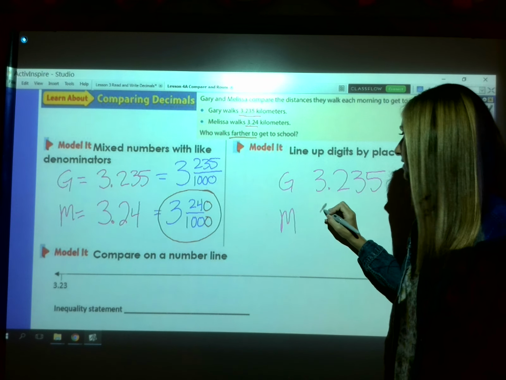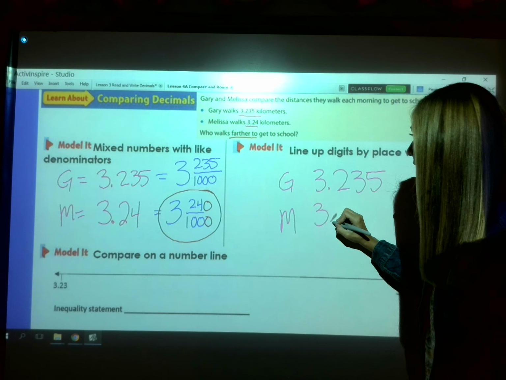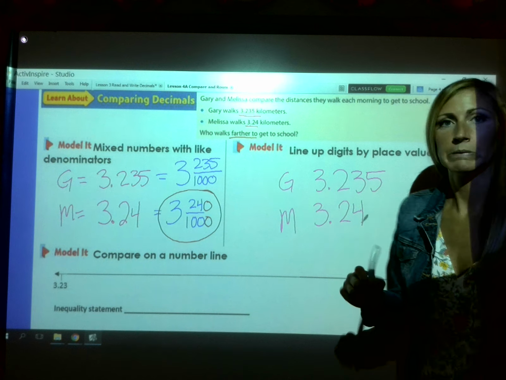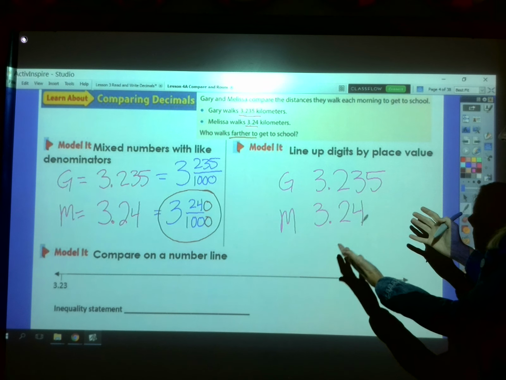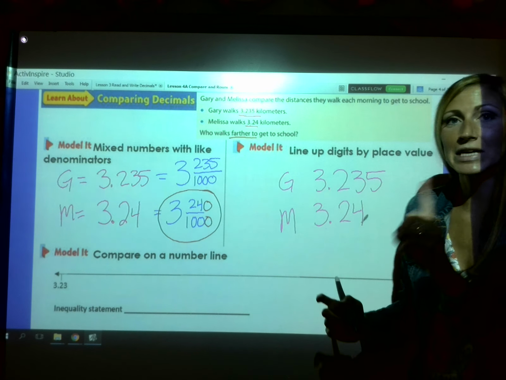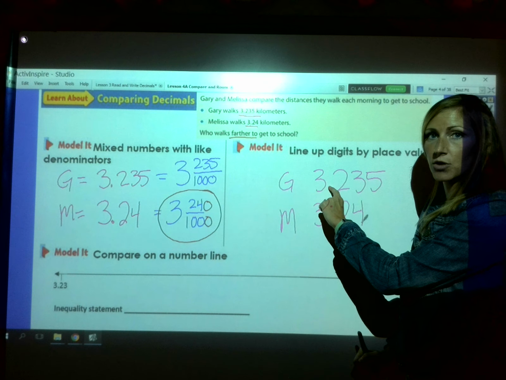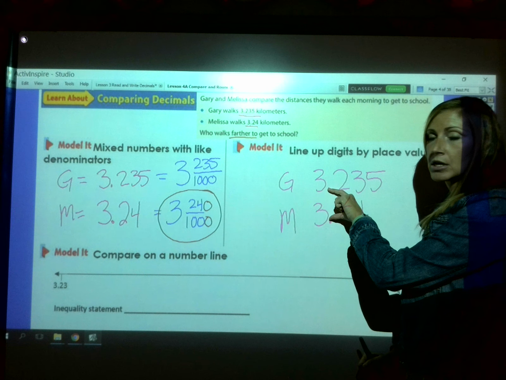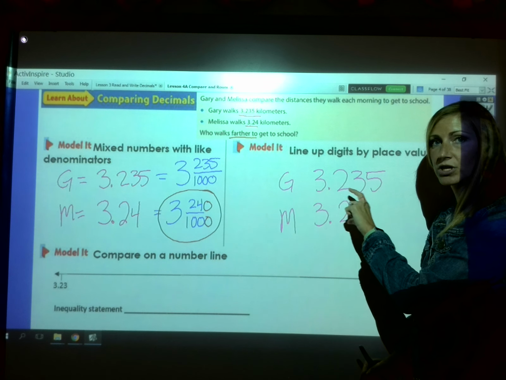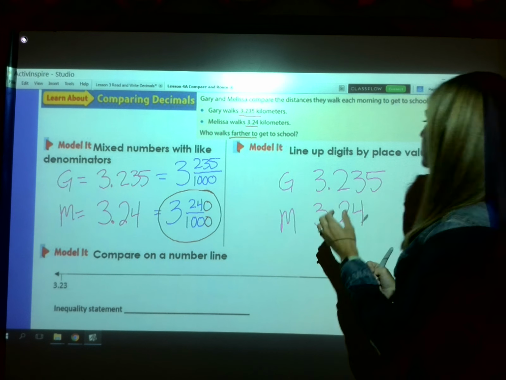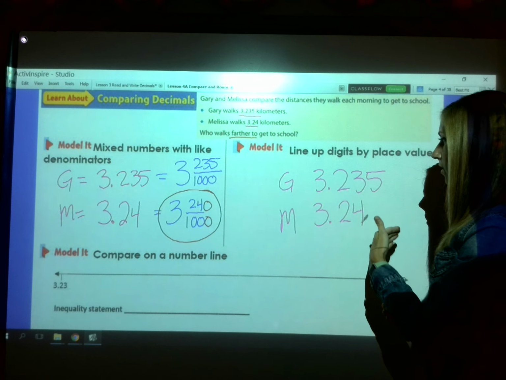Kind of like when we add and subtract whole numbers, we have all the place values lined up, so we're subtracting and adding from the same place values. I'm lining them up like that. So one key factor of knowing that they're lined up is my decimals are right on top of each other. Because otherwise, if my decimals are in a different spot than one another, I know my place values are not the same directly above one another.